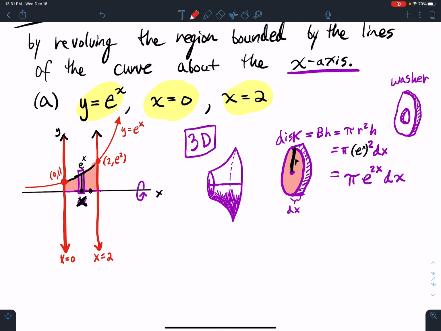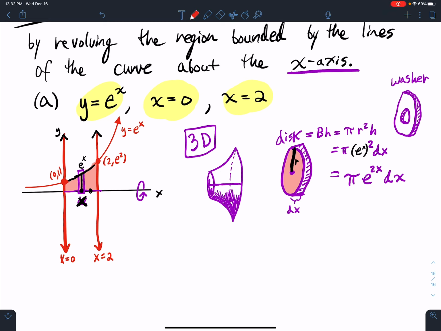So I want to get all of these discs, not just one of the discs. And so I sum up all of the discs starting here at x equals 0, and I add them up all the way out to x equal 2. So I add up all those infinitely many discs, between 0 and 2.